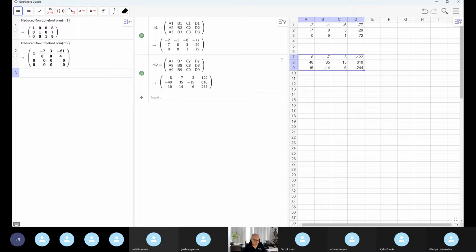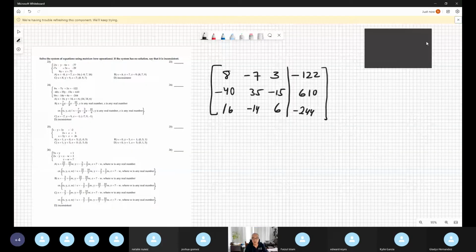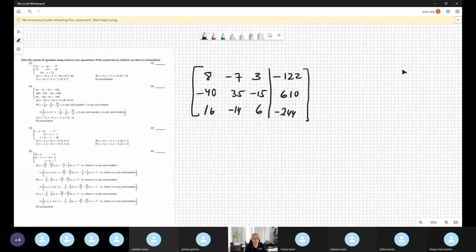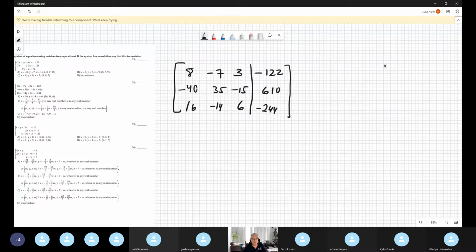Now using the command, reduced row echelon form, RREF, we get this answer.